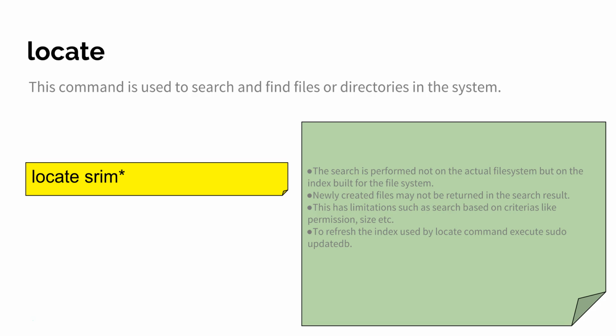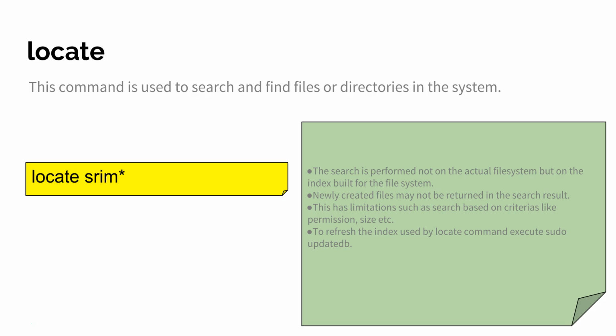It doesn't go and scan each folder to see if a file or directory by the name is there. The operating system maintains something called an index, which is like a mapping, saying this folder has this file, this folder has this file. It's just a list. So this command just searches the list.